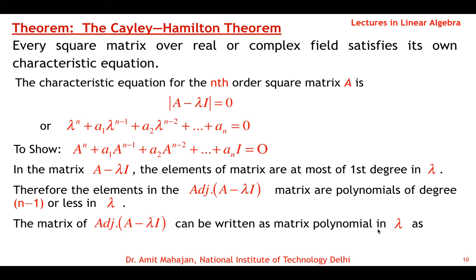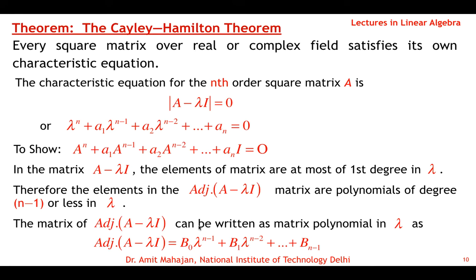Since the elements are of degree n minus 1 or less in lambda, we can decompose it as lambda power n minus 1 times its coefficient matrix B0, plus lambda power n minus 2 times its coefficient matrix B1, plus so on, plus the matrix B(n minus 1) of numbers, constants.